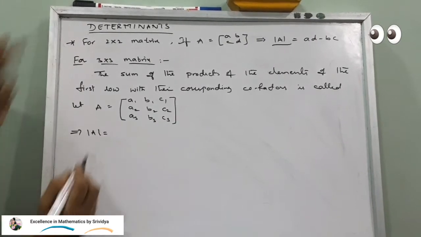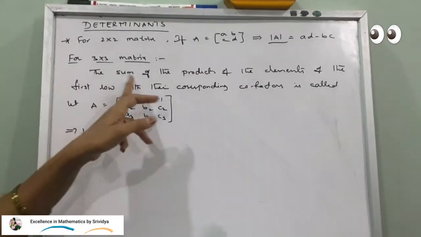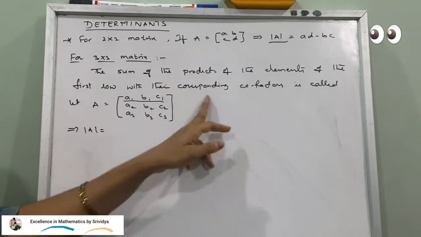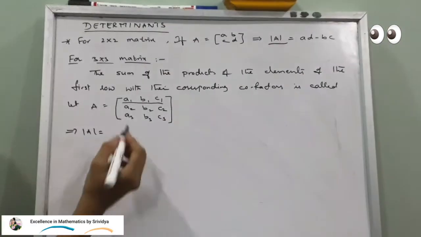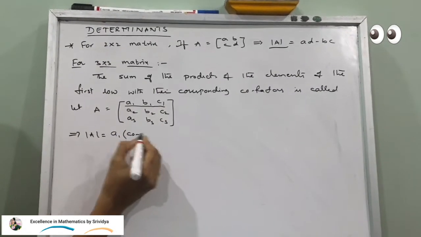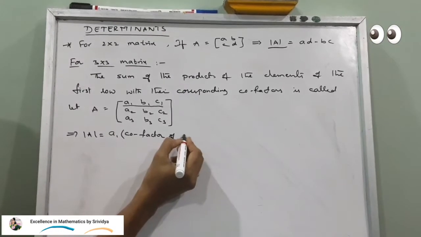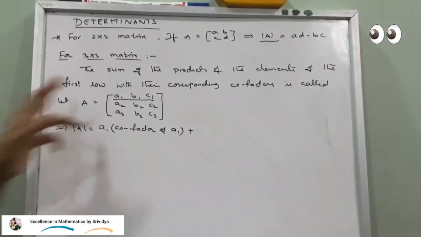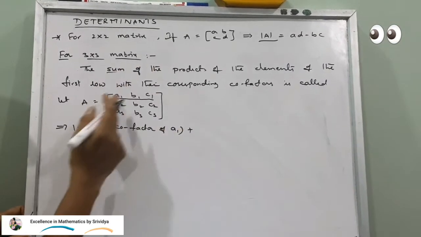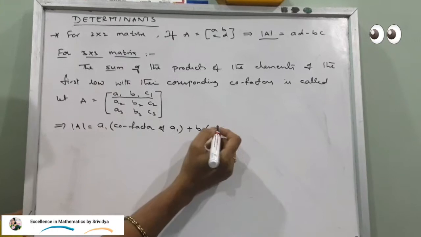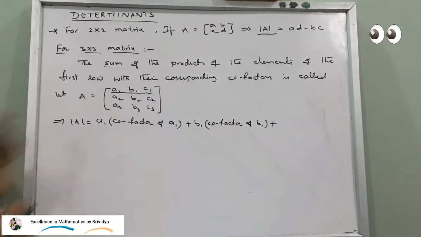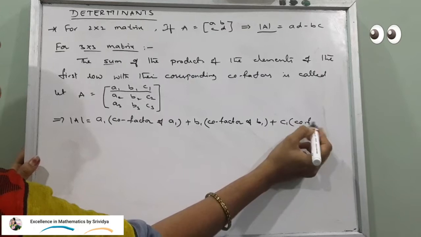Then det A is equal to the sum of the products of the elements of the first row with their corresponding cofactors, which is A1 into cofactor of A1, plus B1 into cofactor of B1, plus C1 into cofactor of C1.